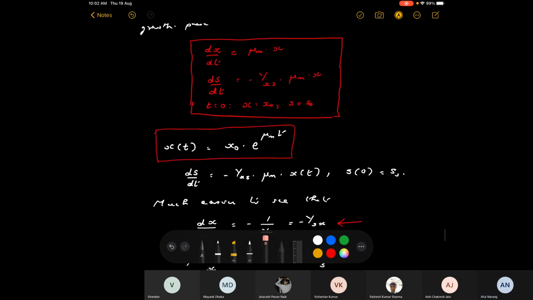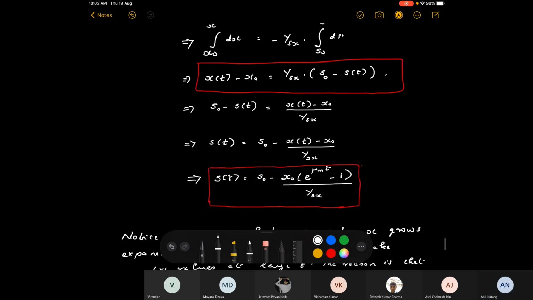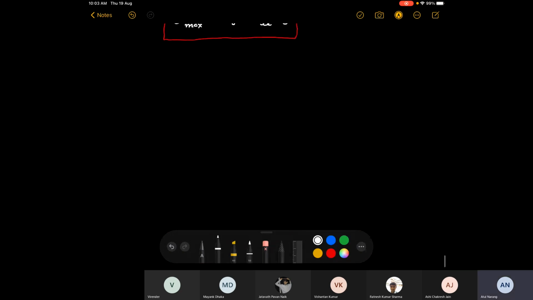So mu m, let me just emphasize here, mu m, so it should be clear that biologists, and actually you will appreciate it, that this is actually the right way to look at it.